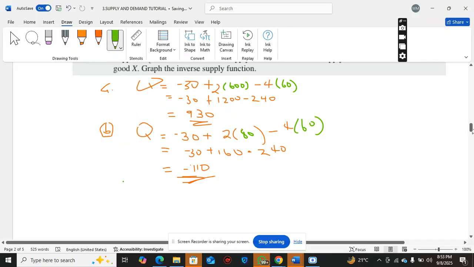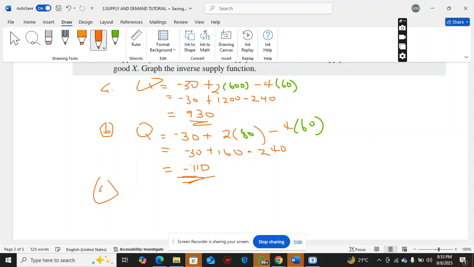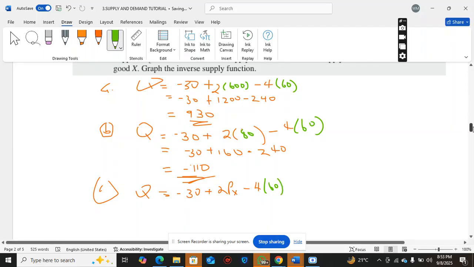So the supply function, part C here, they've told us Pz equals 60, so we have Q equals negative 30 plus 2Px minus 4 times 60, since Pz equals 60.